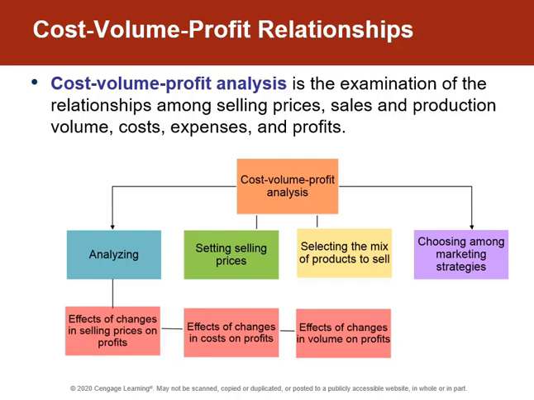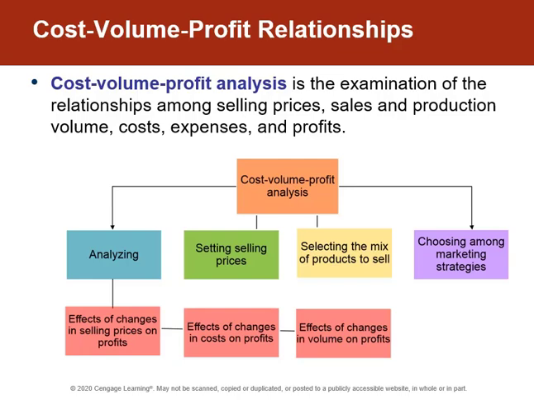And this is especially going to come into play when we're looking at things like sales mix or product mix. Ideally, we want to produce and sell as much of our most profitable products as we possibly can. But again, we're limited by supply and demand.